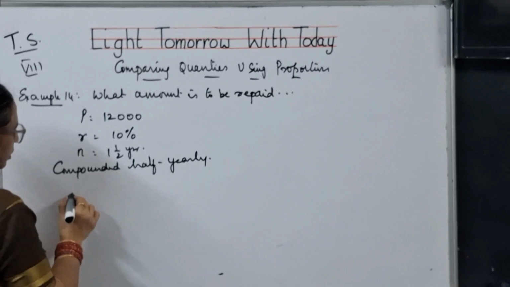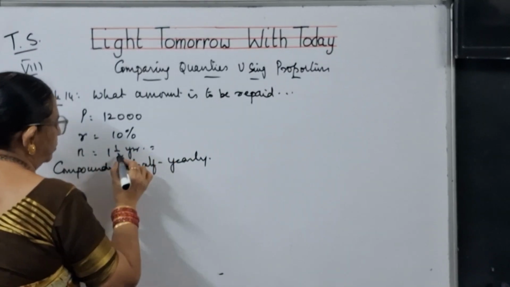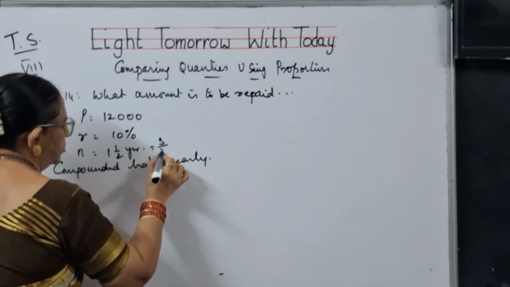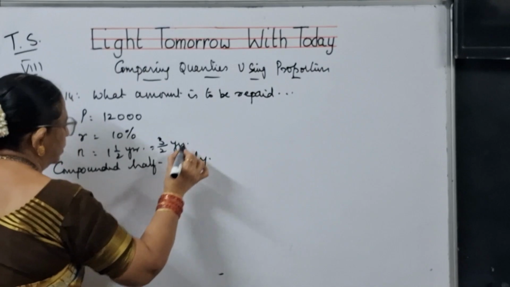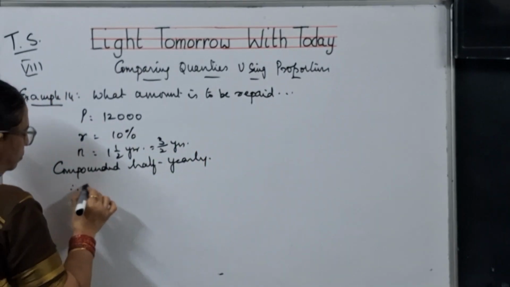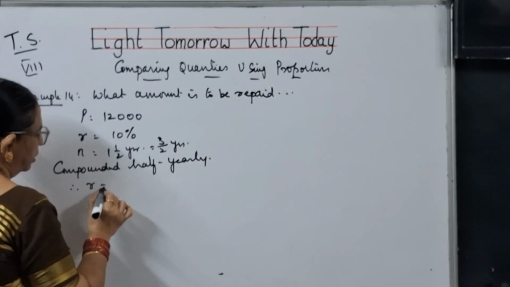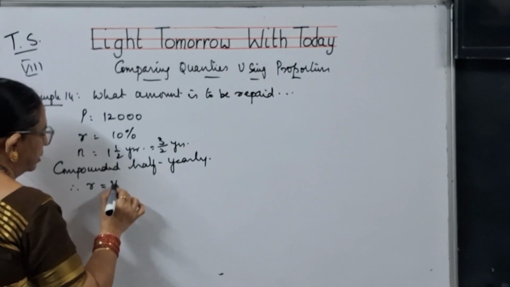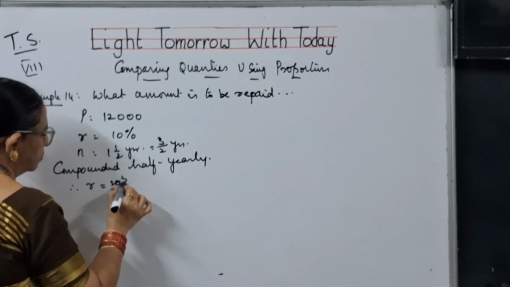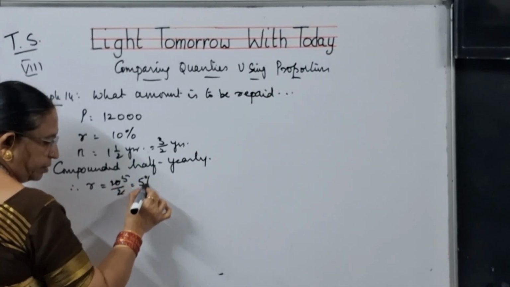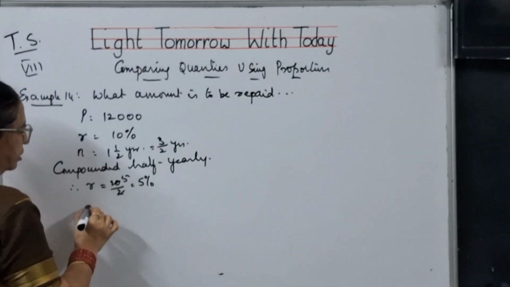If it is compounded half yearly, this 1.5 year means 3 by 2 years. So in this case, R will be 10 by 2, that is 5%. R is 5%.